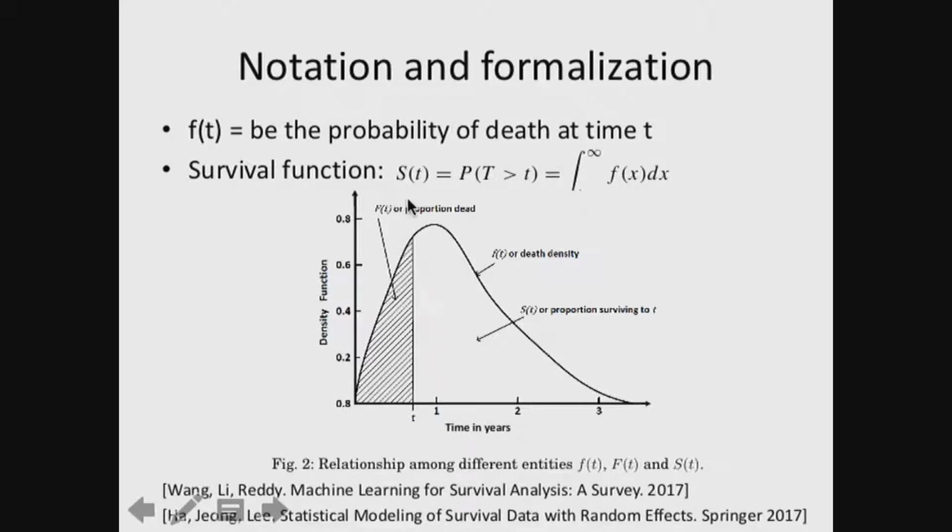So it's given to you by the integral from t to infinity of the density. So in pictures, this is the density. On the x-axis is time. The y-axis is the density function. And this black curve is what I'm denoting as f of t. And this white area is capital S of t, the survival probability, or survival function.